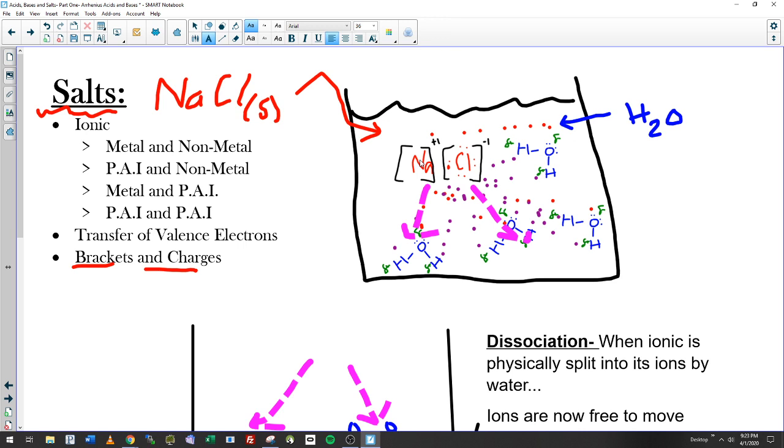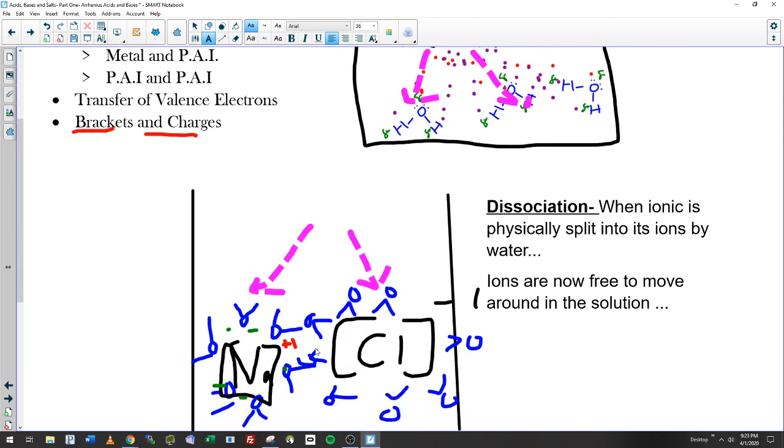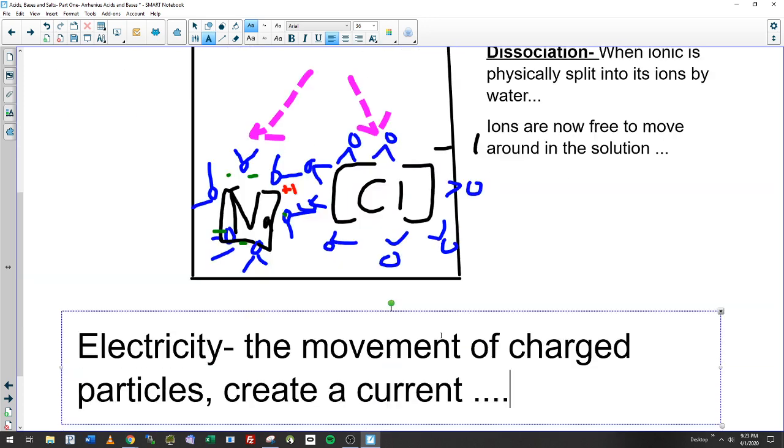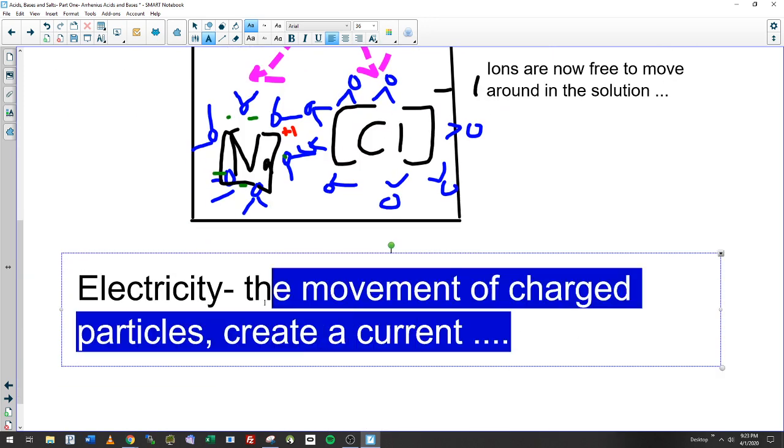However, if you have ever seen weather advisories and they tell you do not go swimming in the middle of a thunderstorm, in the ocean, that's a terrible idea. The massive difference is that in the ocean, the sodium and the chloride, they've split into their ions, and in the ocean you have sodium, which is free to move, you have chlorine, which is free to move, and you can only conduct electricity when there is a movement of charged particles.